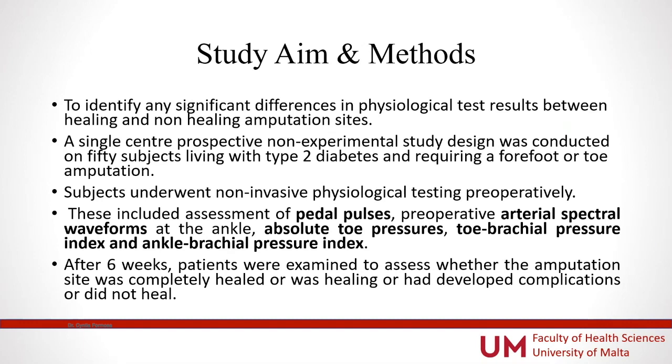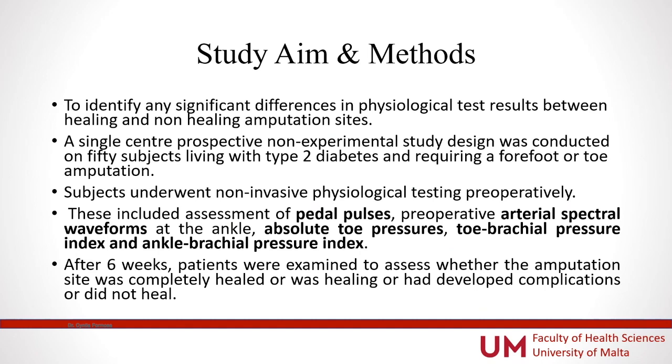We assessed ABPIs, absolute toe pressures, and TBPIs prior to the amputation, and then we reviewed our patients again after 6 weeks in order to determine whether their vascular status could have shown us whether we were going to have healing or non-healing in that amputation site.